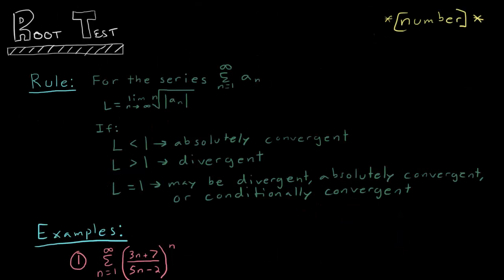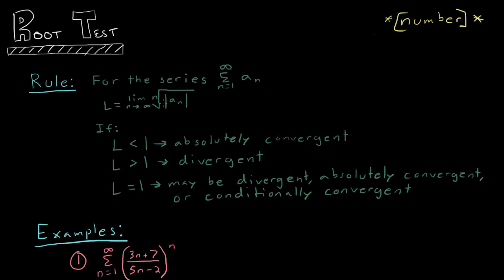Hi, we're going to go over the root test today. It's pretty simple. You have a series, the sum of a_n, going from 1 to infinity. You're going to take the limit as n approaches infinity, but you're also going to take the nth root.